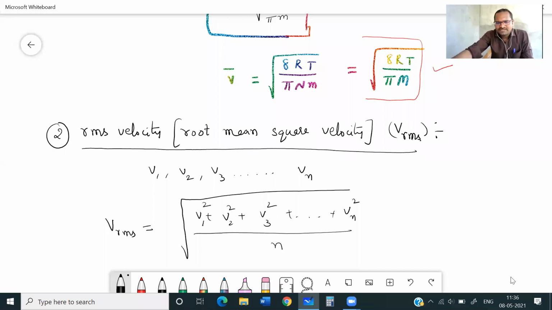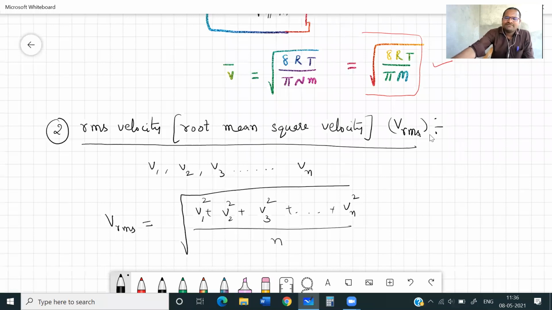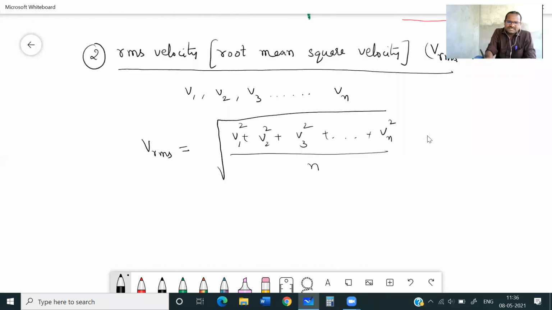Okay, RMS velocity is important. We have one formula for this. As we know, the pressure exerted by the gas, P, is equal to 1 by 3 rho VRMS square. We have derived this. Now from this, VRMS square can be written as 3P by rho.